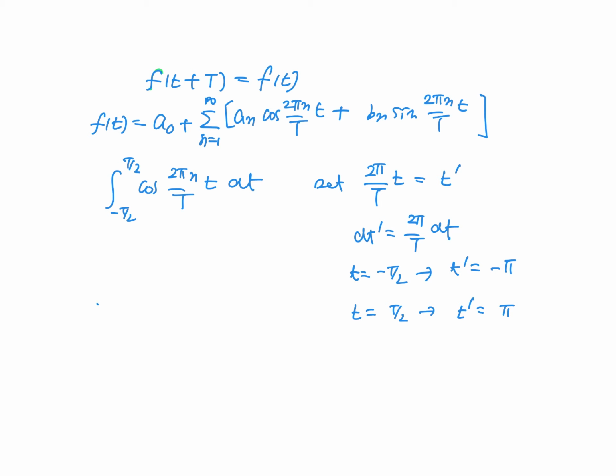So this integral can be transformed into minus pi to pi cosine n t prime times T over 2 pi dt prime. So that gives T over 2 pi times the integral from minus pi to pi of cosine n t prime dt prime.